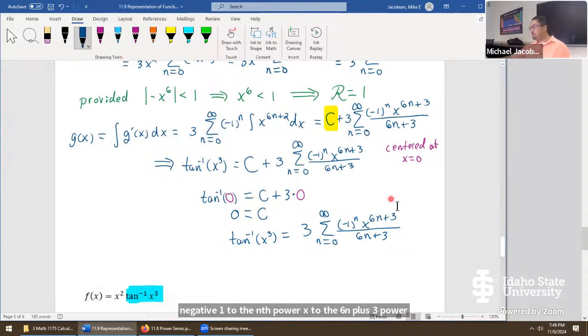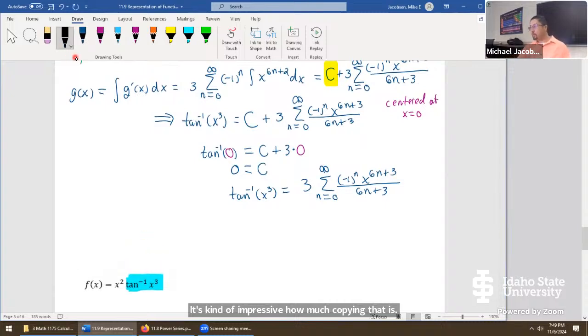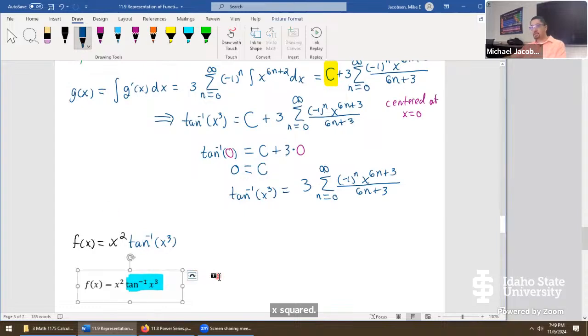It's kind of impressive how much copying that is. And that's what's going to go right here. So we now can say f of x equals x squared tangent inverse of x cubed. Just want to write that in so we can lose the screenshot.